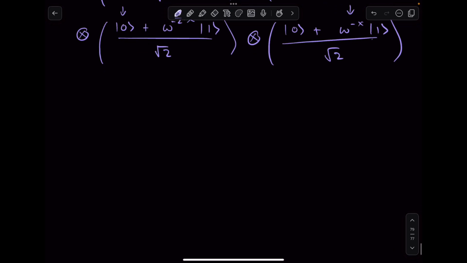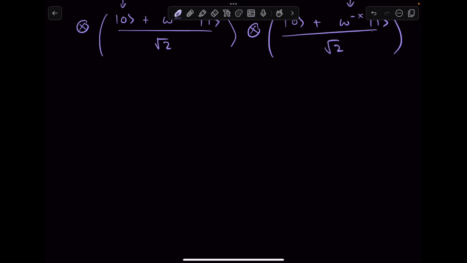So we want to come up with a quantum circuit. It's going to take 4 qubits, x1, x2, x3, x4.